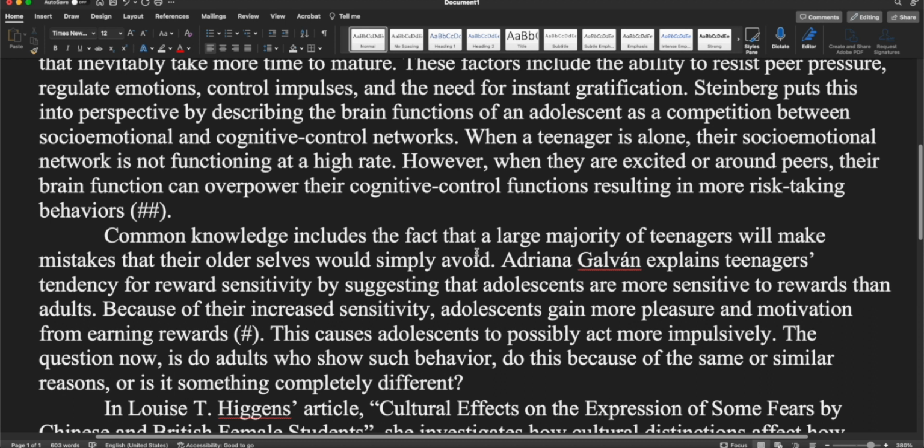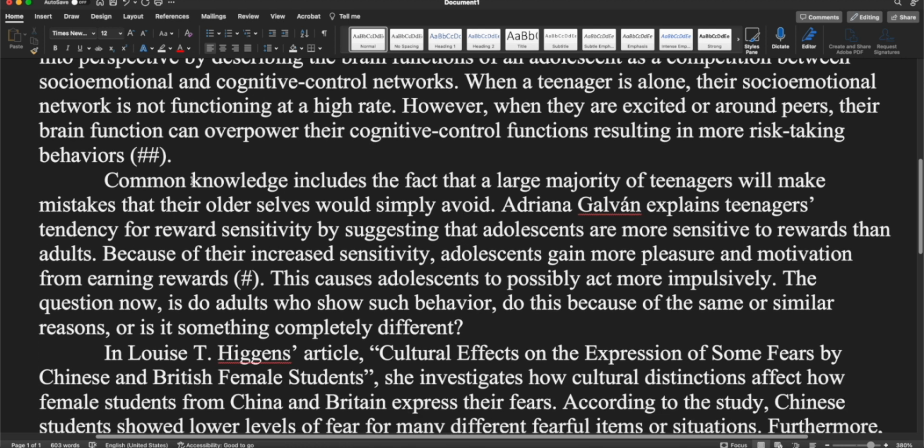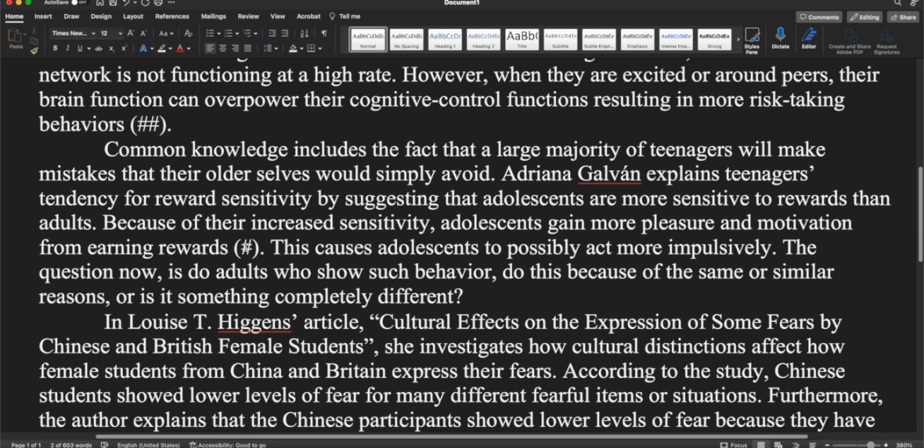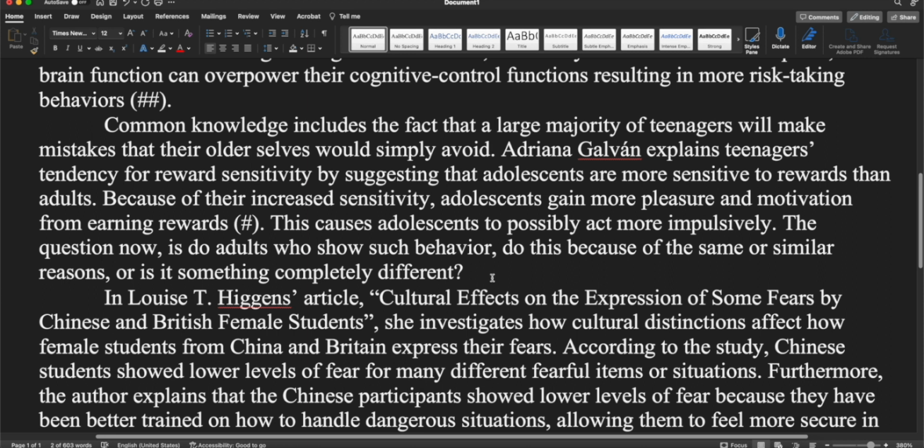However, when they are excited or around peers, their brain function can overpower their cognitive control functions, resulting in more risk-taking behaviors. And then a citation to a page number. Common knowledge includes the fact that a large majority of teenagers will make mistakes that their older selves would simply avoid. Adriana Galvan explains teenagers' tendency for reward sensitivity by suggesting that adolescents are more sensitive to rewards than adults.